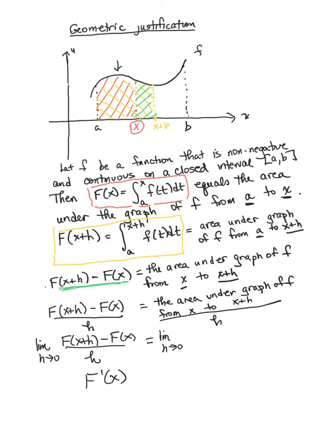The area under the graph of f from x to x plus h, as h gets smaller and smaller, would get closer and closer to the area of some rectangle.